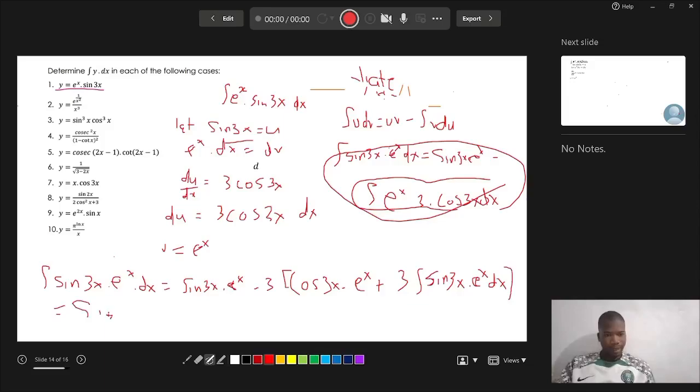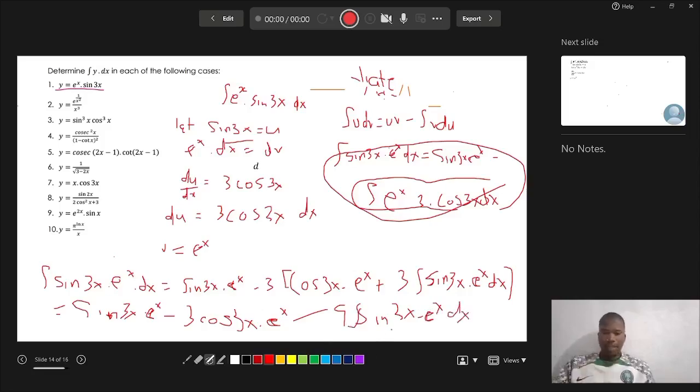So we can see that then it is equal to sine 3x multiplied by e to the power x minus 3 cos 3x multiplied by e to the power x minus 9 times the integral of sine 3x e to the power x dx, right?